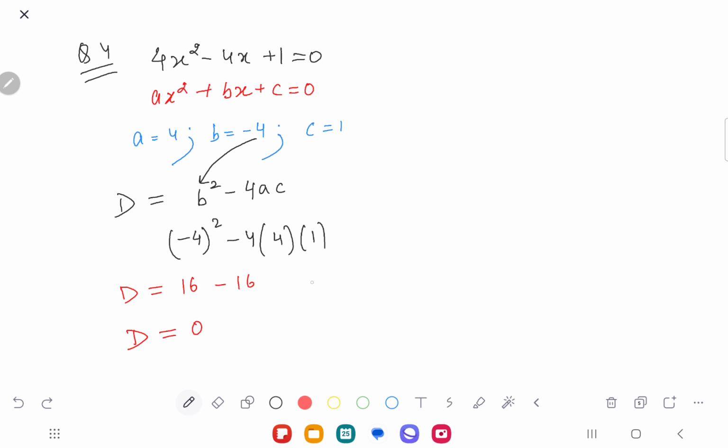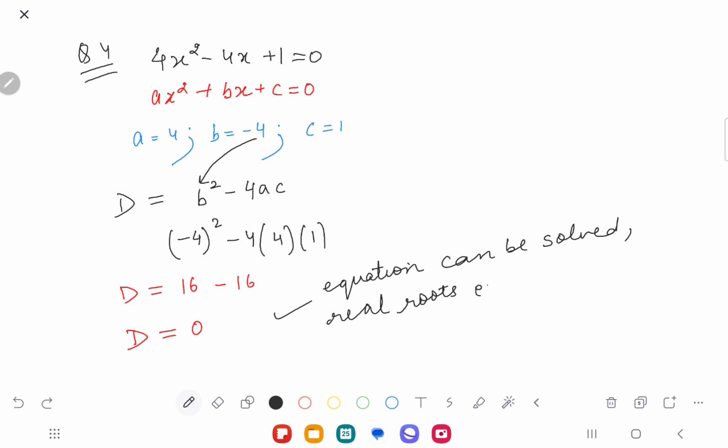That means when the discriminant is 0, I will say the equation can be solved, or I would say the real roots exist. But the roots are equal. They're not different. They are equal roots.